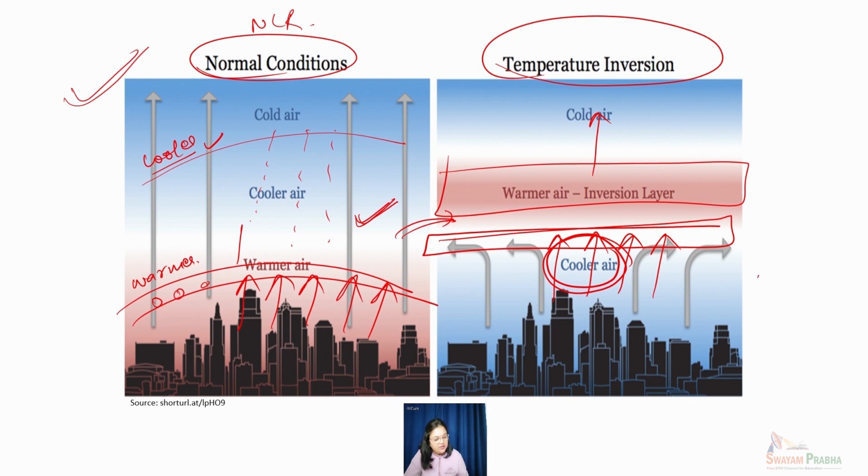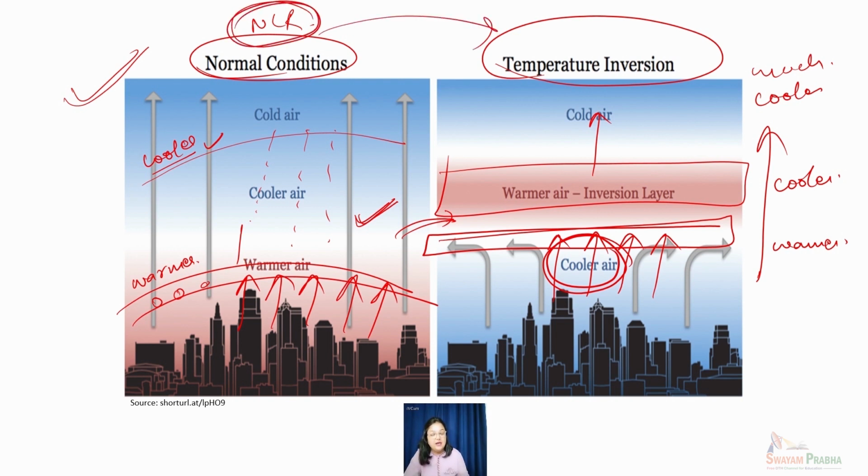So the normal pattern of warmer layer followed by cooler layer followed by much cooler layer is reversed here. So this is what happens in temperature inversions. The normal lapse rate conditions are inversed.